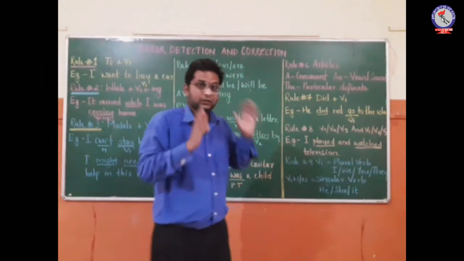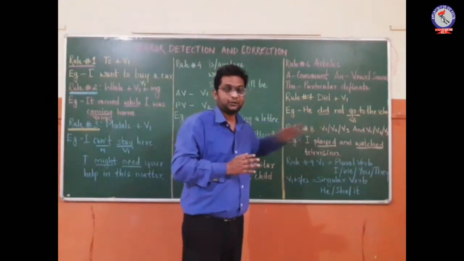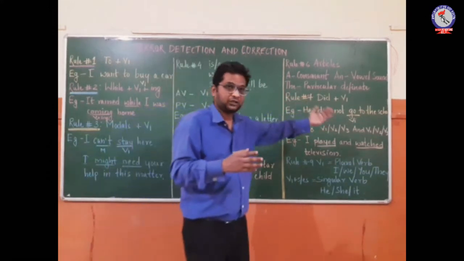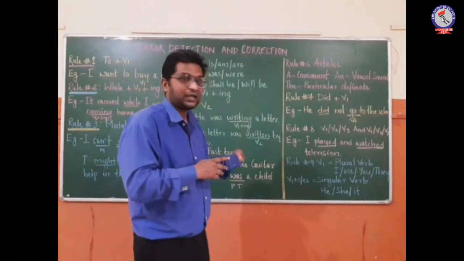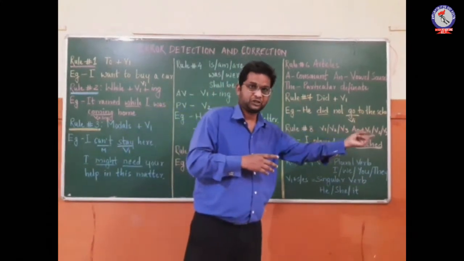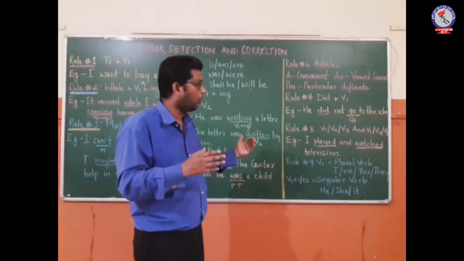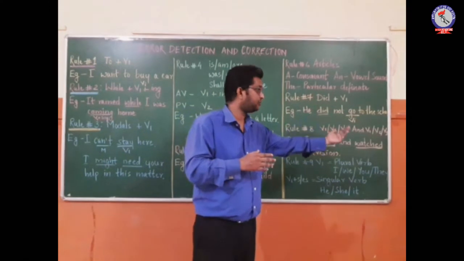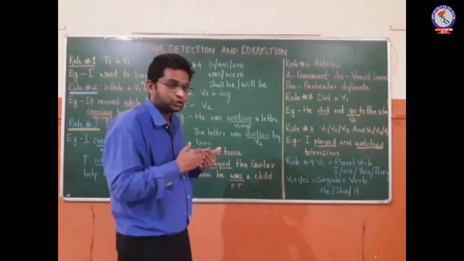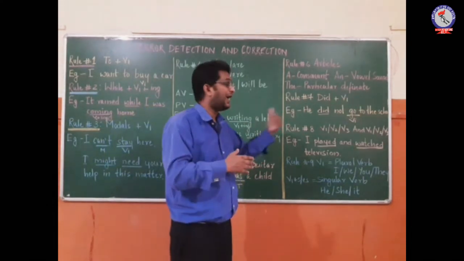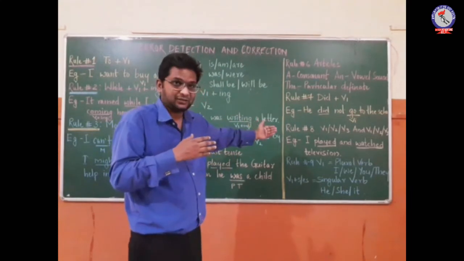If the form of verb is V1, that same will be after the conjunction. If the form of verb is V2, second form, that will be the same after the conjunction. If it is third form of verb before the conjunction, that will be the same after the conjunction. Now this is rule number 8.